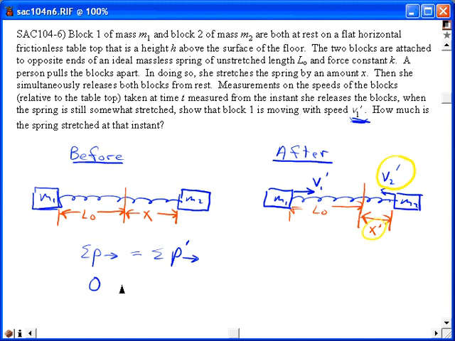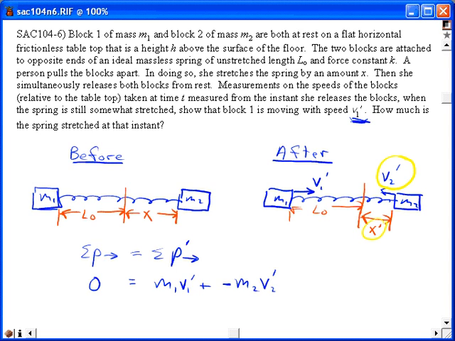Well, here nothing's moving, so the momentum has to be 0. In the after picture, I've got m1 moving to the right, so I have m1 v1 prime, plus I've got m2 moving to the left. That'll be a minus m2 v2 prime.